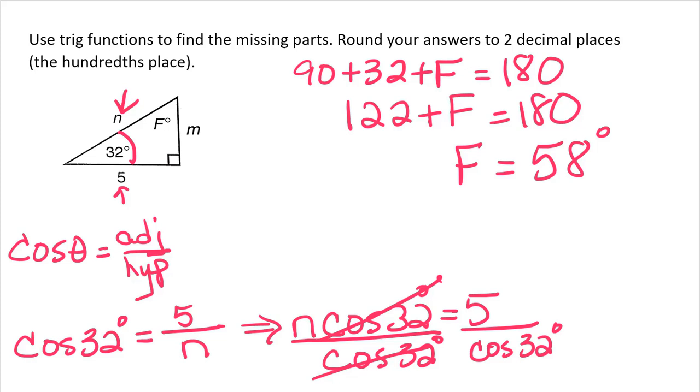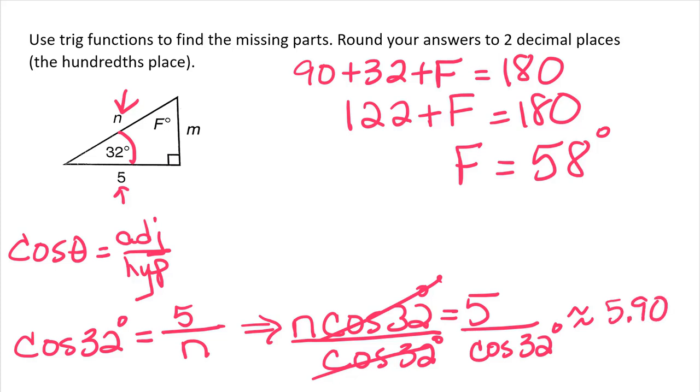After you do that, you have to hit the equal sign so that your calculator will do the division of 5 divided by cosine 32. So 5 divided by, and then hit 32 cosine, then hit equals. And you should get about 5.90.